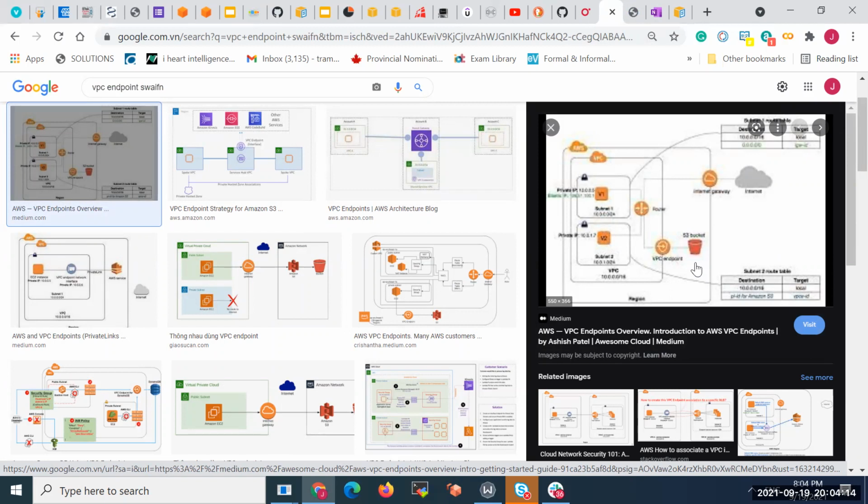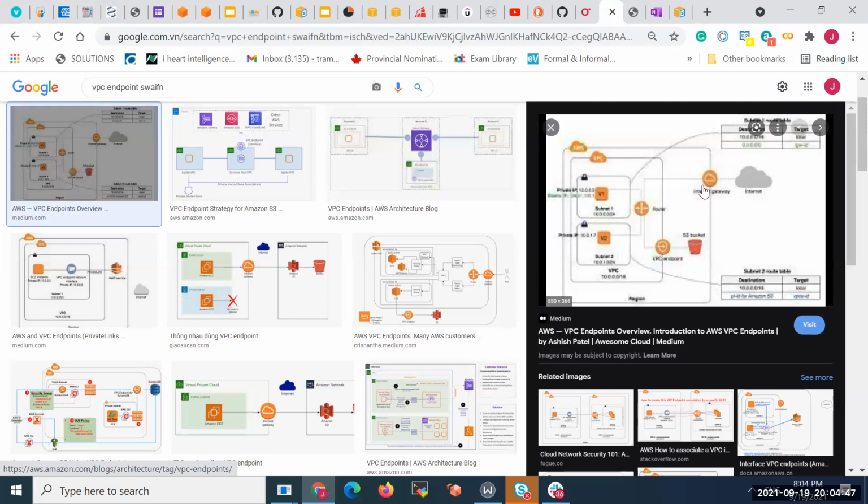Yes. And remember where we discussed that S3 is global, so it doesn't sit in any actual region or anything like that. Of course it still sits in AWS, but it's not in a specific availability zone or region. So it's global. When you go outside to the internet, then you still use the internet gateway.